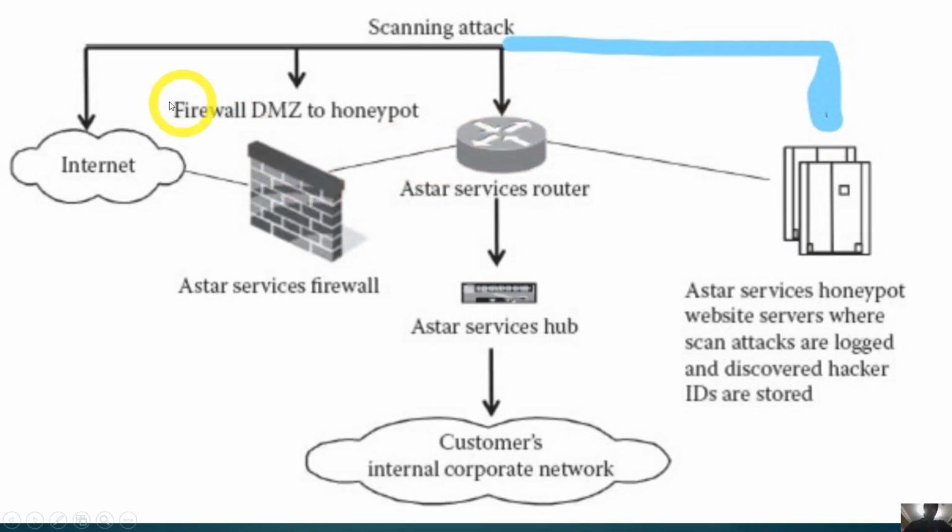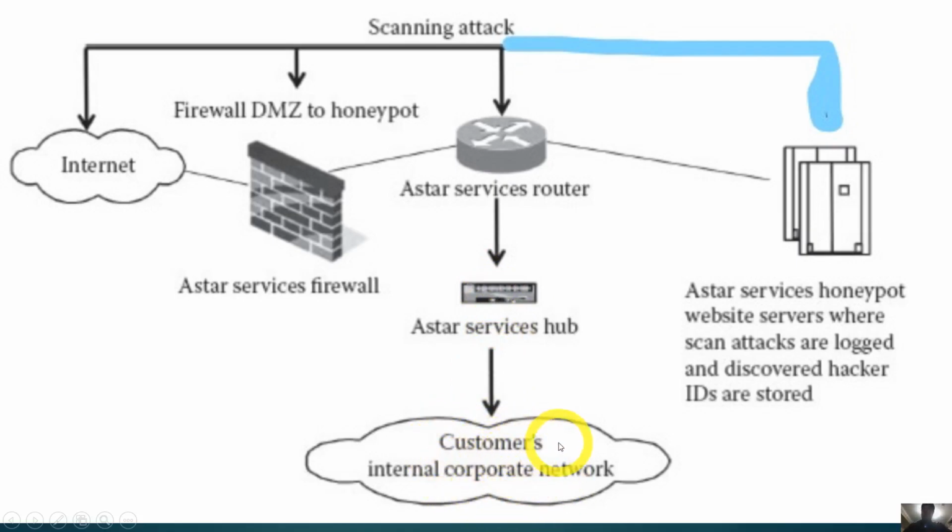But for example, in some ways, the hacker can just jump this part and go direct to the router and go to the server. And obviously, if you have a problem with the server, the malware can spread through the switch, and it can infect all the customers, all the PCs.